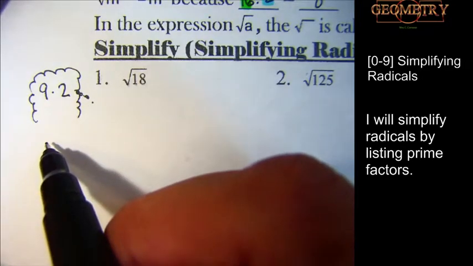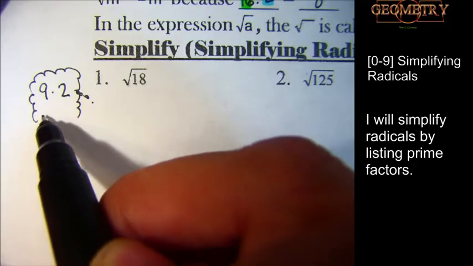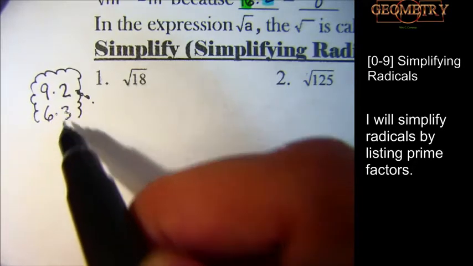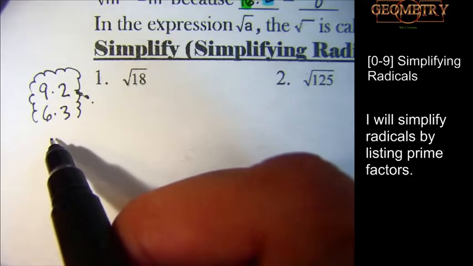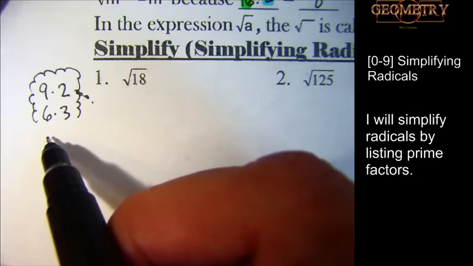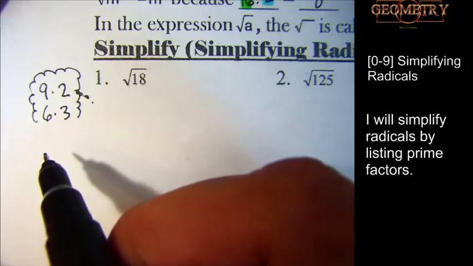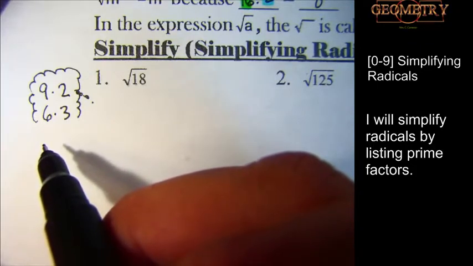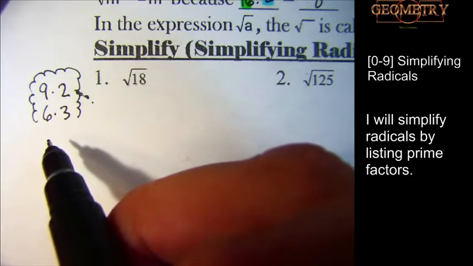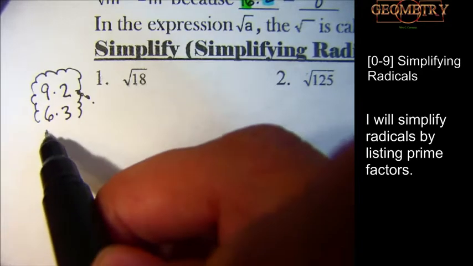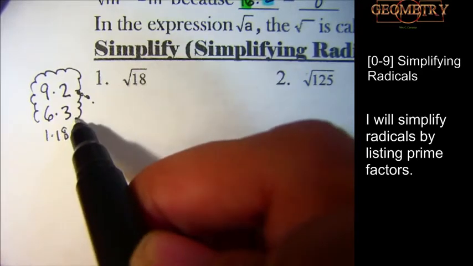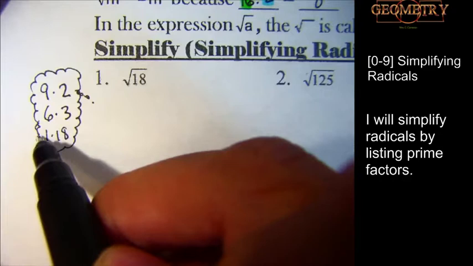No, 6 and 3. Any others? 5 and 2. That's 10. What about 1 and 18? Oh, yeah. That's all of them.